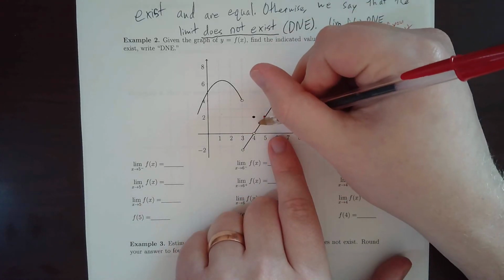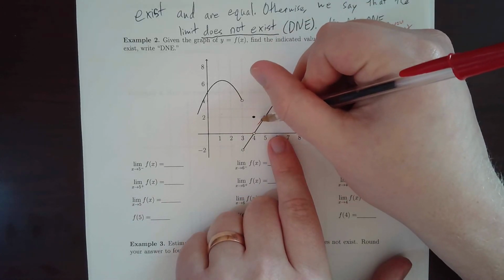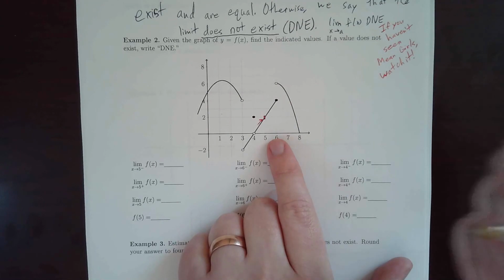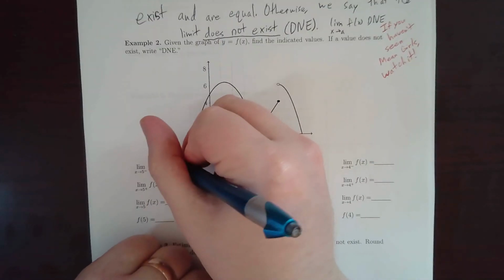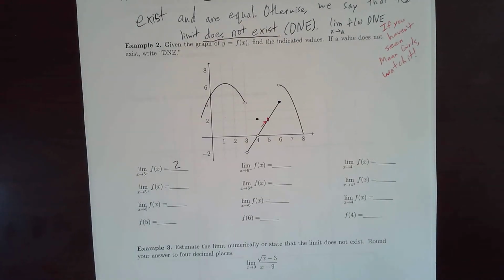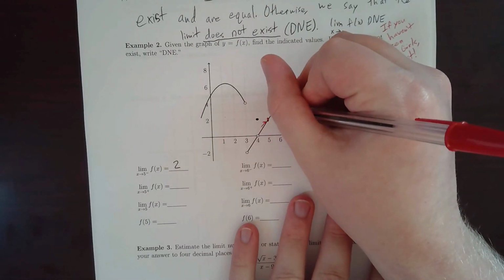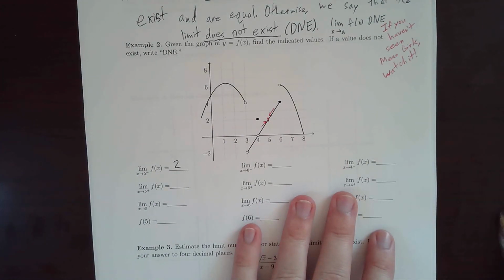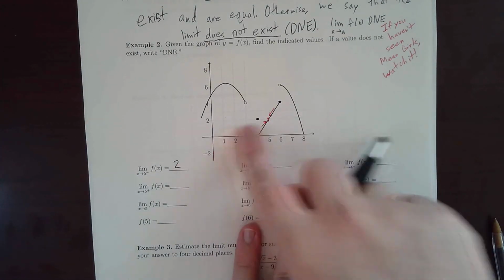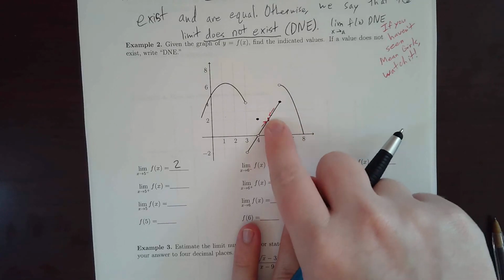So when our x values get close to 5 from the left, it would appear that our y values get close to 2. Similarly, when we look at our x values coming towards 5 on the right, our y values again get closer and closer to this 2.